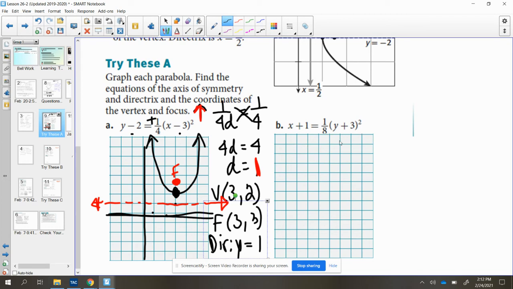Now in the second example, this one is going to be a rightward facing parabola because we have a positive value out front, and since it's y that's squared, we knew it had to either open left or right, in this case right. And our vertex this time, you want to be careful. Here is your h, here is your k. So we're at -1, comma, -3 here, okay? h always goes with x, k always goes with y.